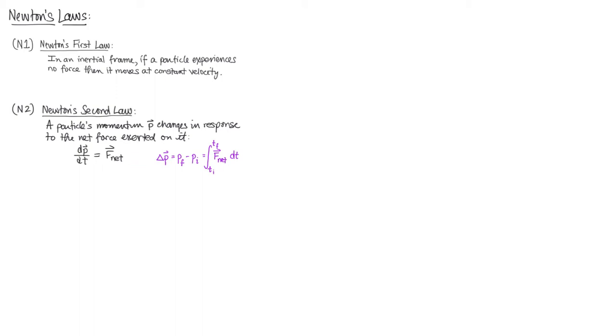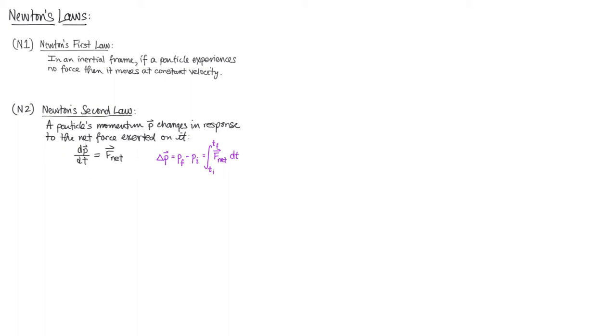So we call this left-hand side the change of momentum, and the right-hand side we call the impulse. So this is telling us that the impulse applied on a system is equal to the change in momentum of that system. Okay, and we'll come back to Newton's second law in a minute and talk about F equals ma and how it relates to this F equals dp/dt expression.